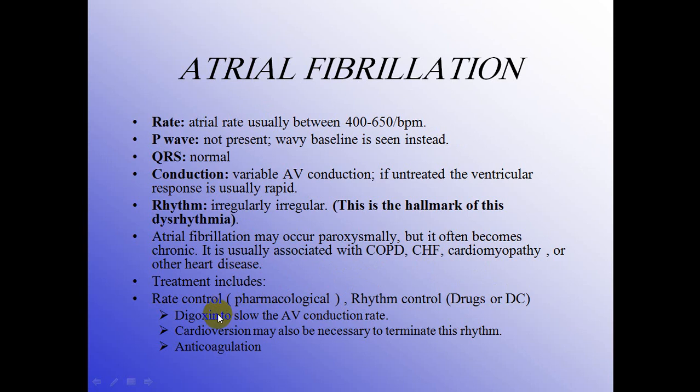Treatments include rate control and rhythm control. If the rate is high, in all cases it needs rate control. Not all cases need rhythm control. Rate control means, if the rate is 140 or 150, to control it; rhythm control is to change it into sinus rhythm. Rate control is usually by drugs, while rhythm control could be drugs or cardioversion.